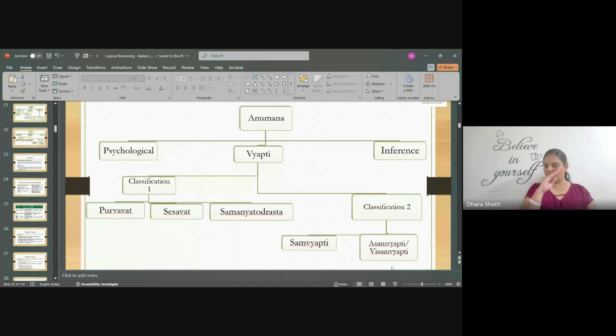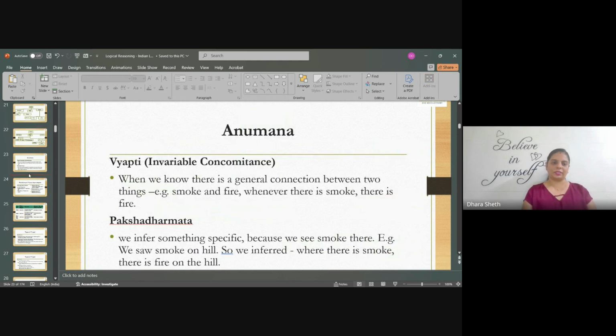Sama means equal, asama means not. Purvavat, when you infer something in advance, before the thing has happened. Seshvat, when you infer something later, after the thing has happened. And Samanyato Drashta, where it is coexisting. It is not before, not after, not cause and effect. Okay?